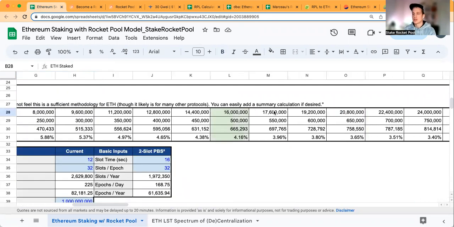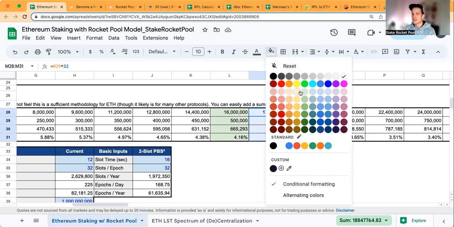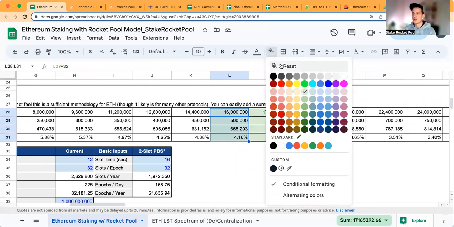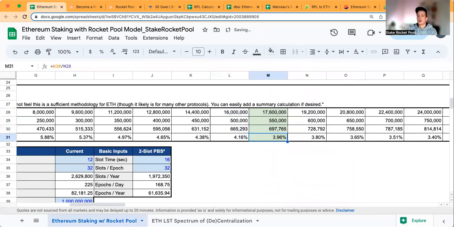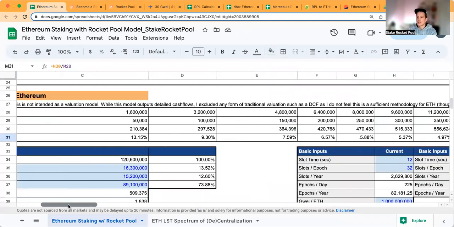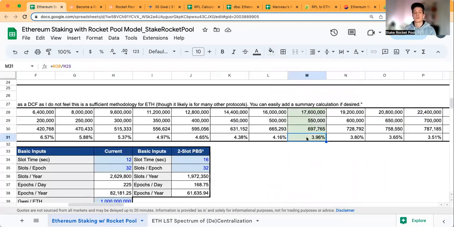There's actually, I need to highlight this, 17.9 million Ethereum staked and not 16 million. And the base fee that Ethereum will pay based on the current amount of Ethereum staked is only about 4%.